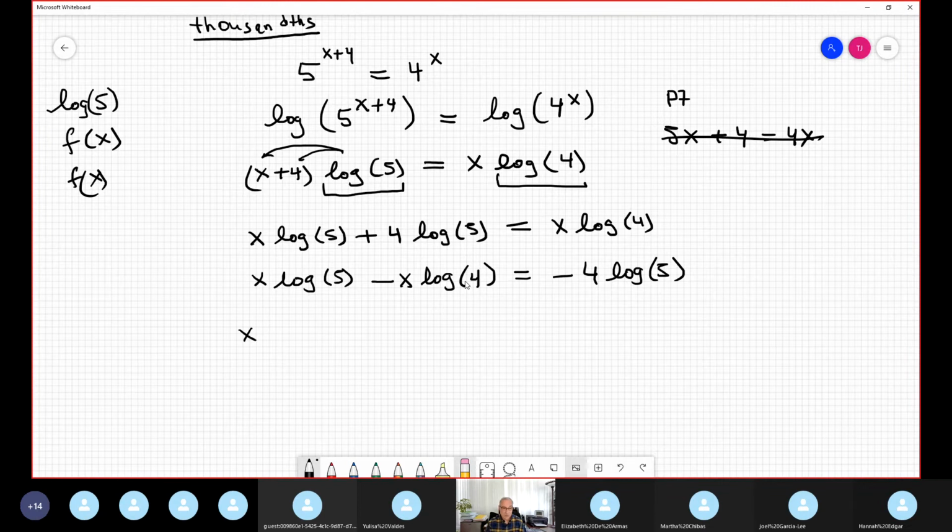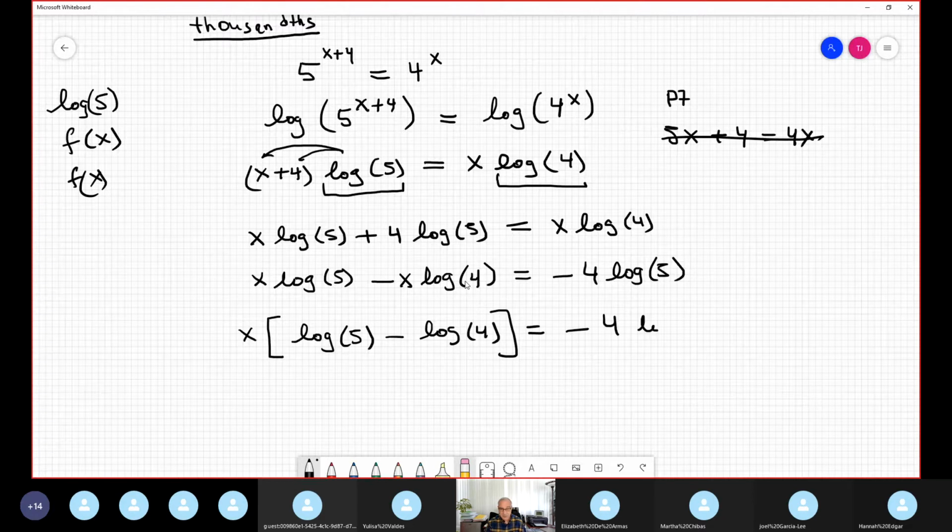I put brackets: logarithm of 5 minus logarithm of 4 equal minus 4 times logarithm of 5. Almost finished, because I divide both sides by this number.